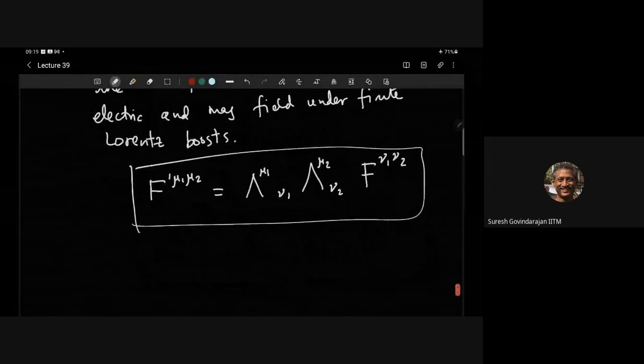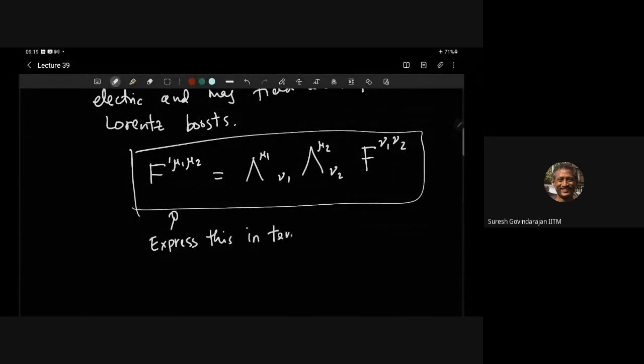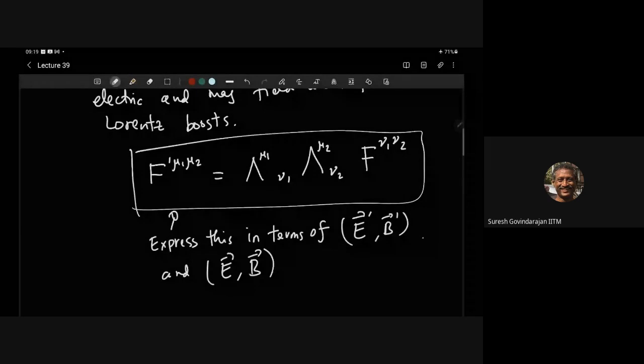This is the formula. So I express this, B prime as well, and of course U. You can go back and check.